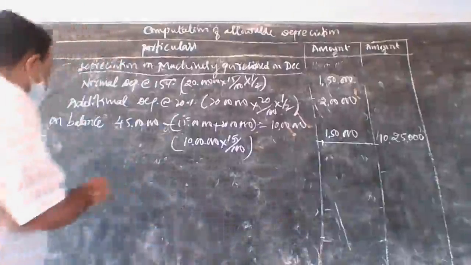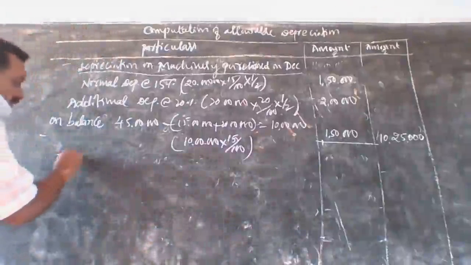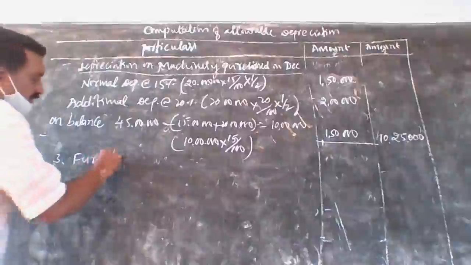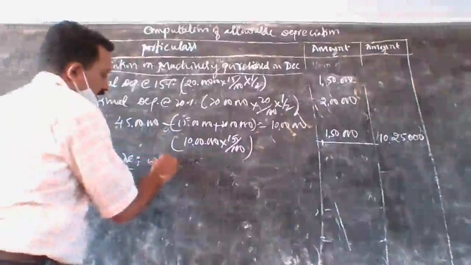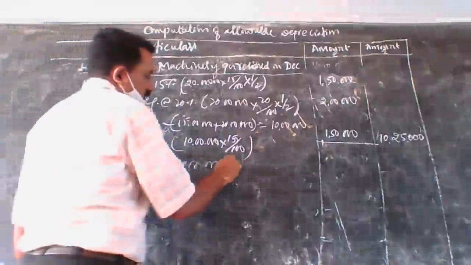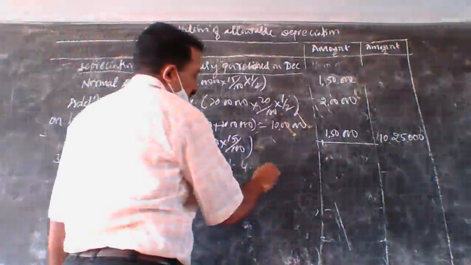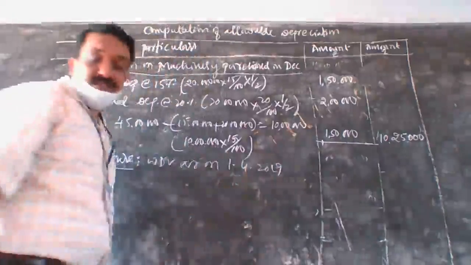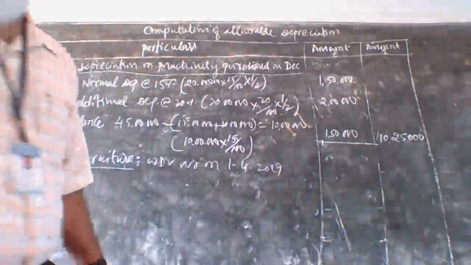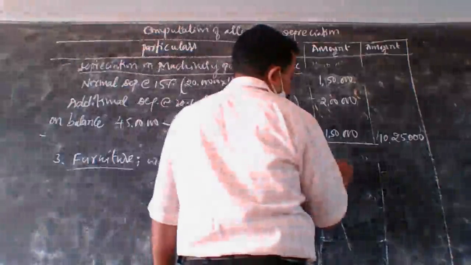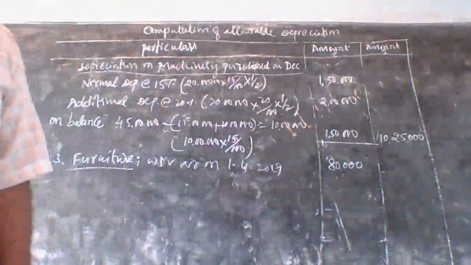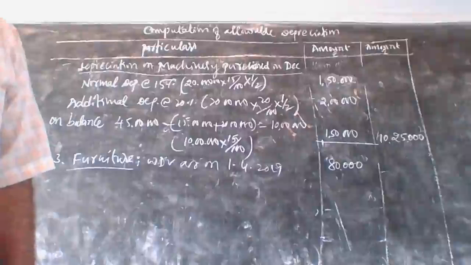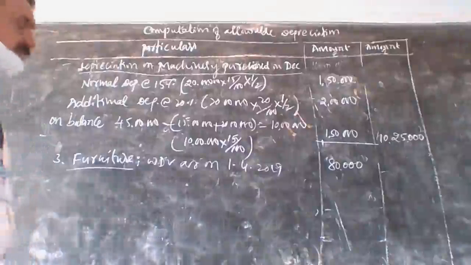Next, third one is furniture. WDV as on 1st April 2019: how much? 80,000. Is there any purchases? No purchases.